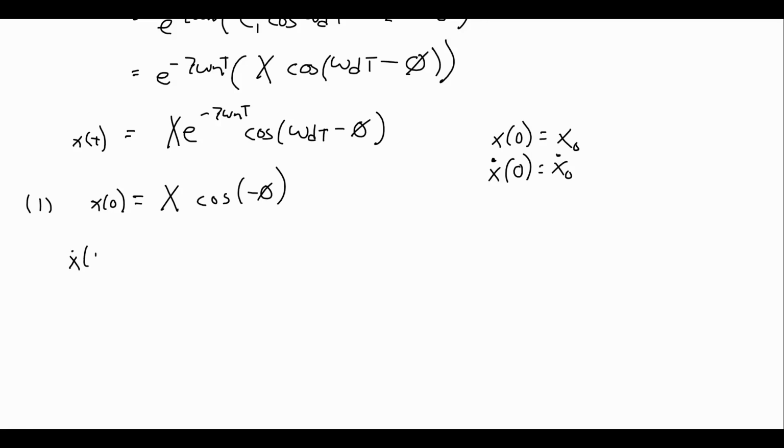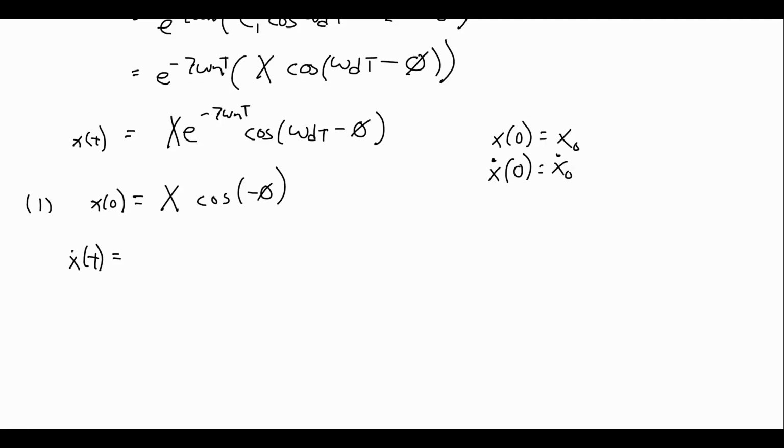Let's see in general what x dot of t is if I know what that general solution looks like. So I have to take the time differential of my x of t. I have a t function times another t function, so I am going to have to use the product rule in order to do this. So I'm going to have to take the derivative of the first term times the second, plus the derivative of the second term times the first to get my x dot of t.